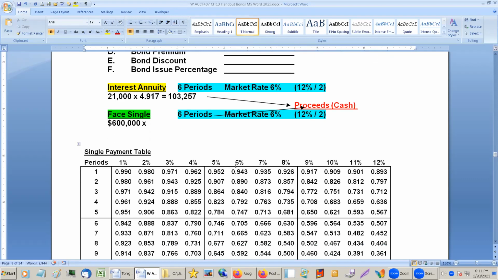Okay, single payment table. Seven, 0.705. So 600,000 times that.